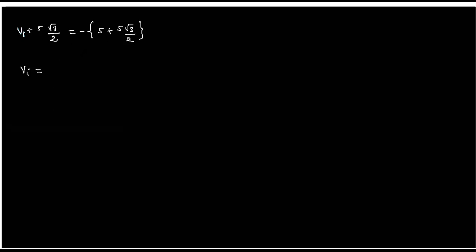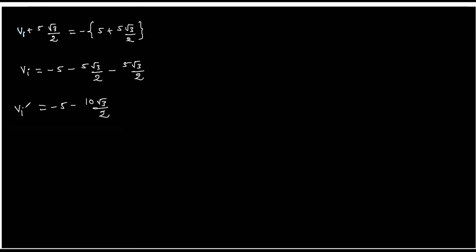So Vi is equal to this transferred there. First here minus 5, then this is also minus 5 root 3 by 2. This just multiplied first minus, and this plus I have transferred. This is also again minus 5 root 3 by 2. So this is equal to minus 5 minus this and this, how much? 10 root 3 by 2.